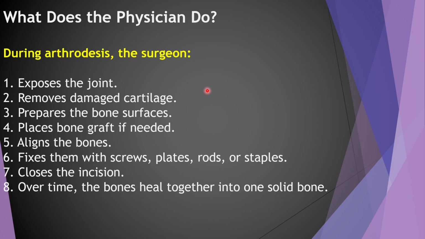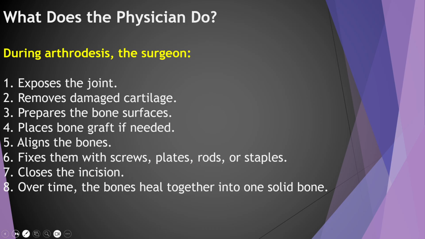He will expose the joint, remove the damaged bone and cartilage, prepare the bone surface, and place the bone graft if needed. Alignment of the bone will be done and fixed with screws, rods, staples or plates, and the incision closed. After some time, the bone will heal into one solid bone. It means fusion of the joint is done.